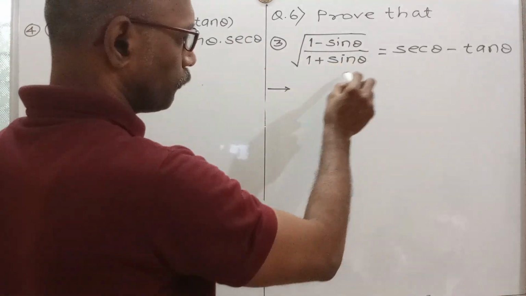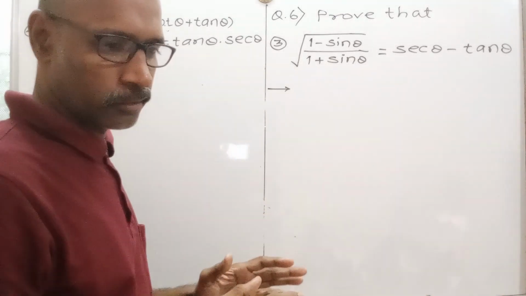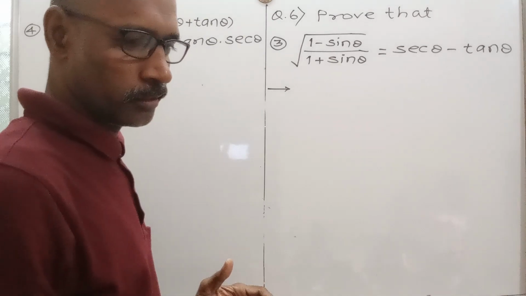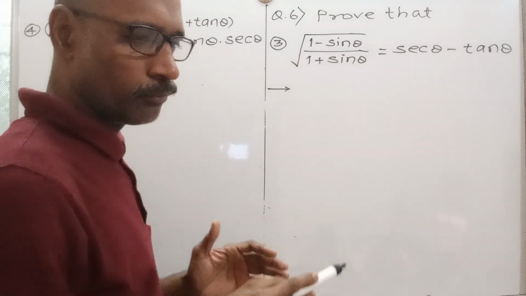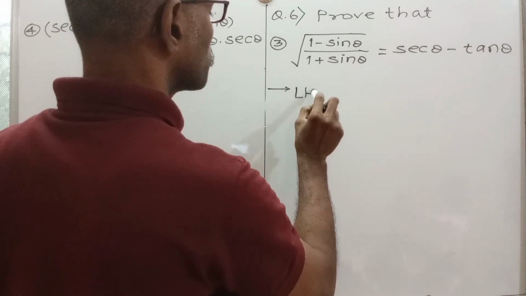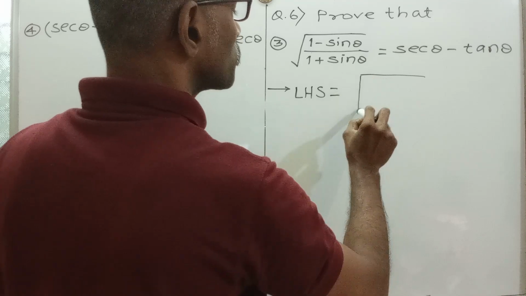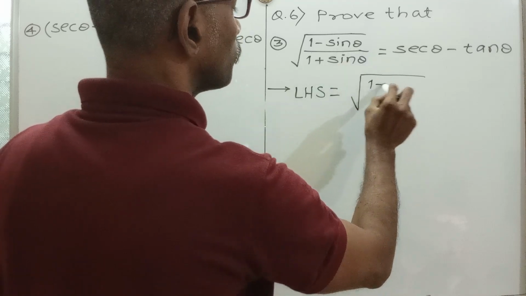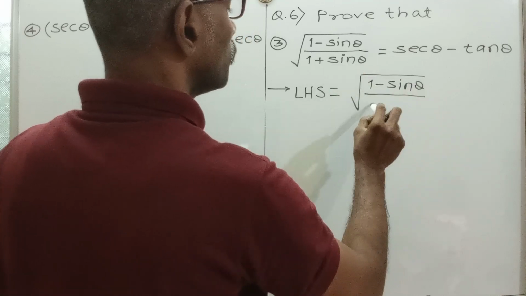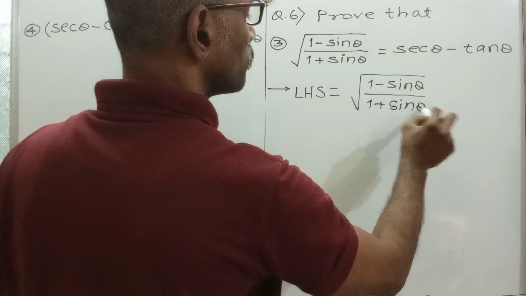First of all, we will eliminate the denominator by taking the conjugate pair of the denominator. First I will write the LHS. LHS is equal to square root of (1 minus sin theta upon 1 plus sin theta).